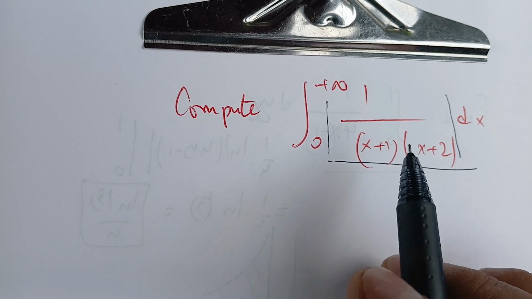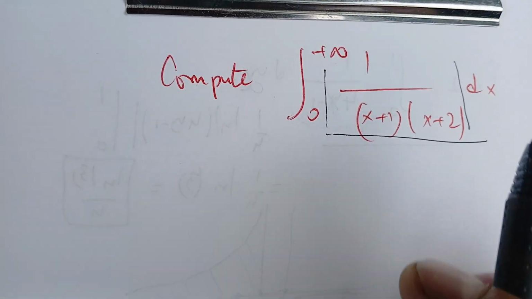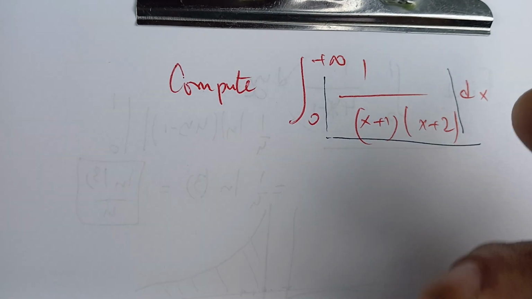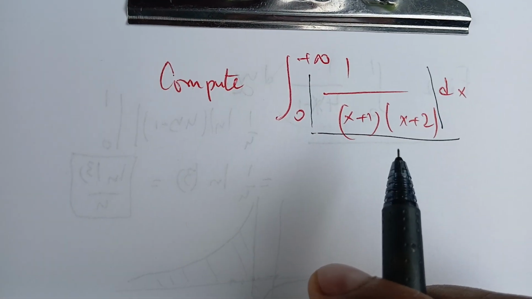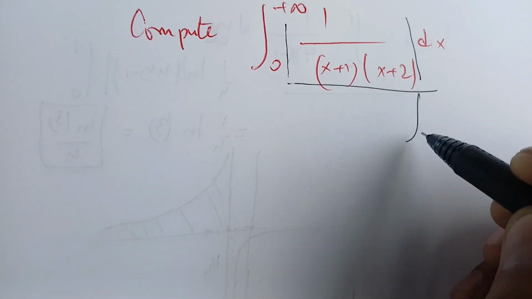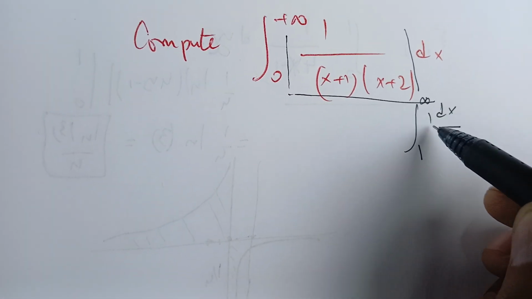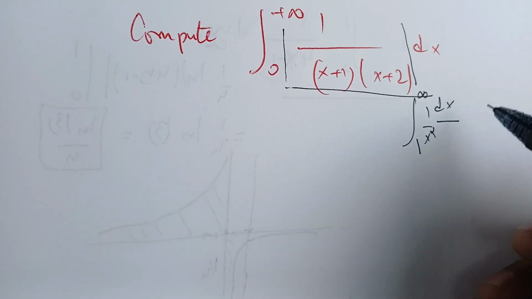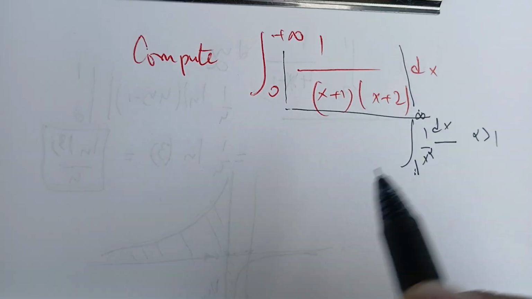We can prove if this integral exists or not by first using some comparison to what we know. All we know is that the integral of 1 over x to the power alpha dx between 1 and infinity is convergent if alpha is bigger than 1.